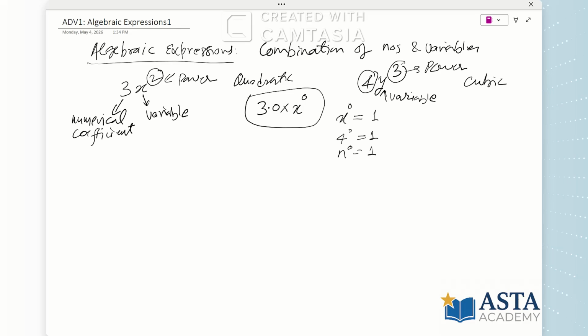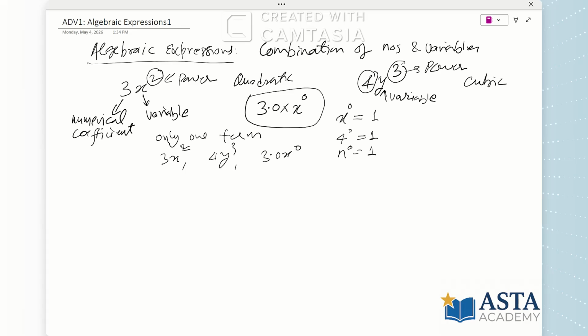Now the 2 or 3 different algebraic expressions we have looked at just now had only one term. In the first case, it was 3x square. In the second case, it was 4y cubed. In the last case, it was 3x to the power 0.